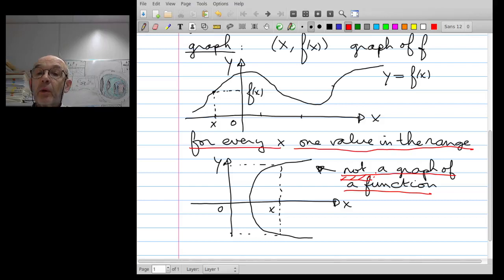Here you have an example that is not a graph. Here you have a graph, and here not a graph.